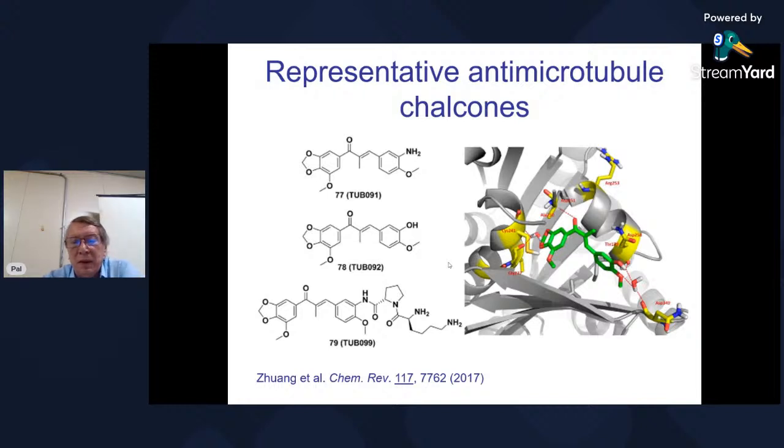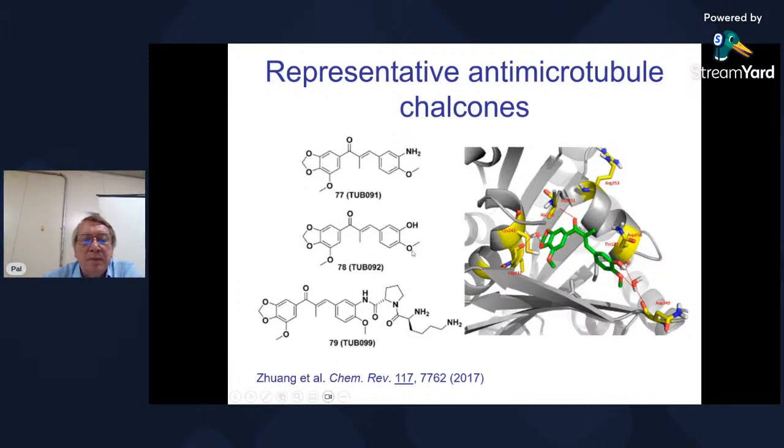Here is a picture which shows the binding of chalcones to the tubulin polymer, and on the left-hand side you can see some selected chalcone derivatives, which show high binding capacity towards tubulin.